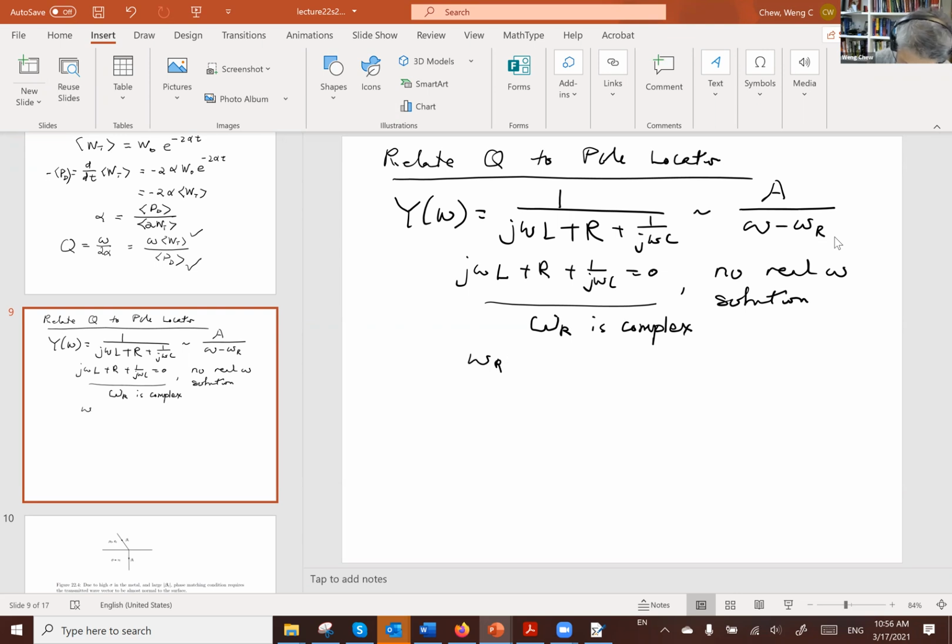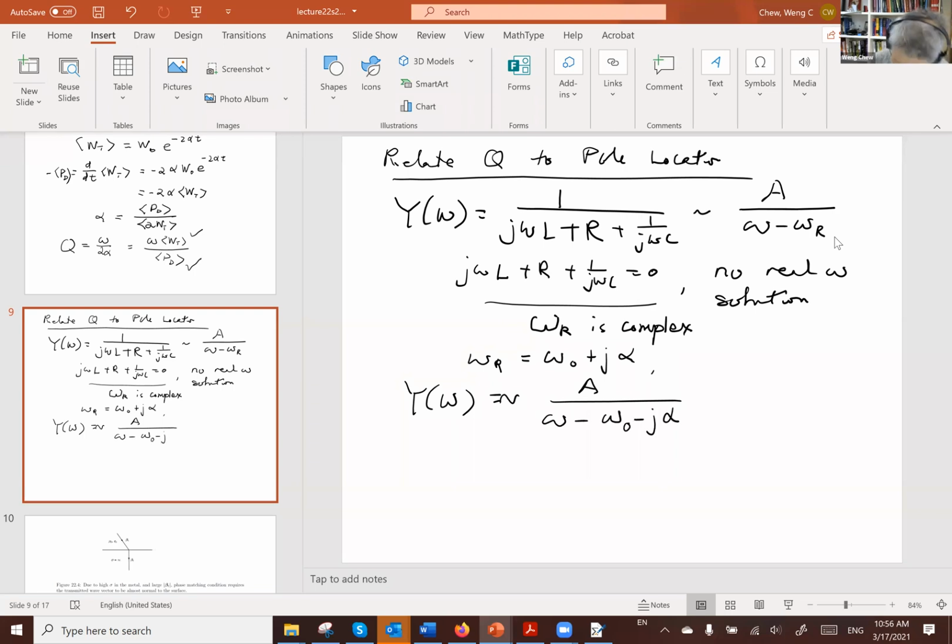If omega r is a complex number, say it is omega 0 plus j alpha, then my transfer function would be approximately equal to A divided by omega minus omega 0 minus j alpha. And you can see that omega 0 is the real part of the resonance frequency, and when my operating frequency is equal to omega naught, this thing peaks.